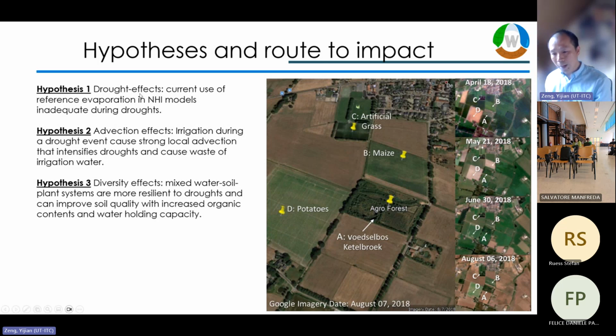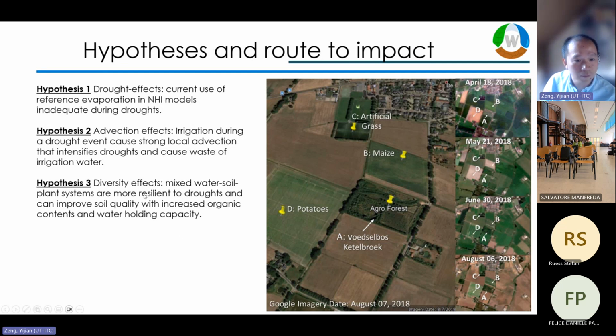But the reference evaporation is not the actual evaporation. It is most of the time much higher than the actual evaporation. So you may ask, what is the impact of changing from reference evaporation to actual evaporation in these NHI models? You may then get a more accurate estimate of the drought impact. We are also trying to do that, collaborating with the NHI community, the National Hydrological Instrument model.